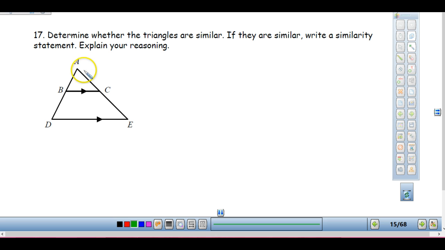Alright, so are these similar? Okay, if we remember, we've got parallel sides, and this is kind of where I freaked out on you guys because nobody would remember about our angles. So we have angle D is congruent to angle B, angle ADE is congruent to angle ABC because why? Corresponding angles.